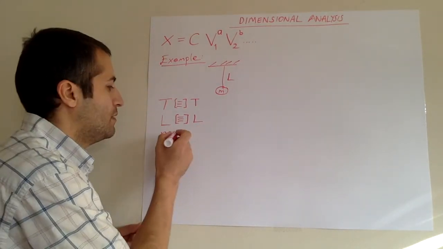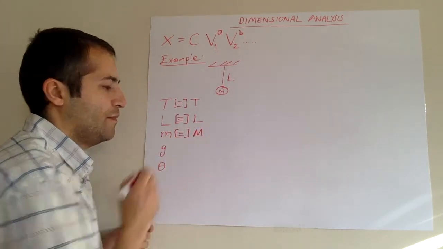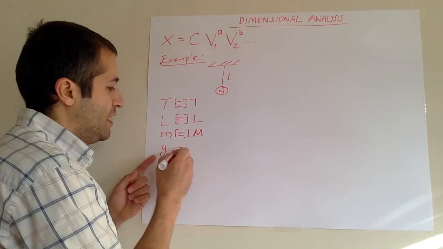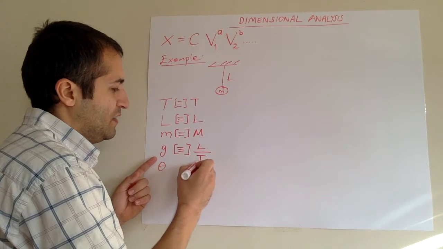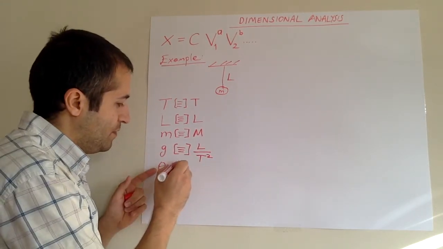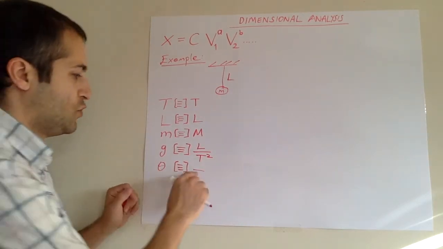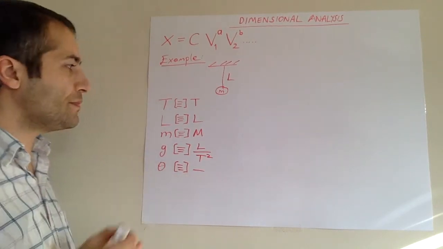The mass has the units of mass, and g, gravitational acceleration, has the units of length divided by time squared, and theta, we can call it unitless. I can show it by just a line here.